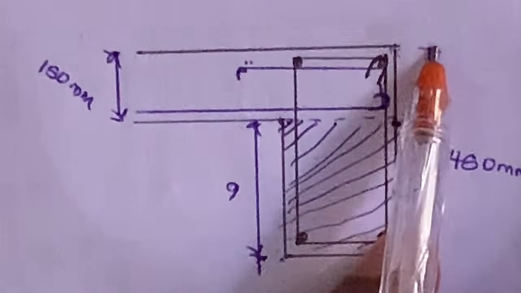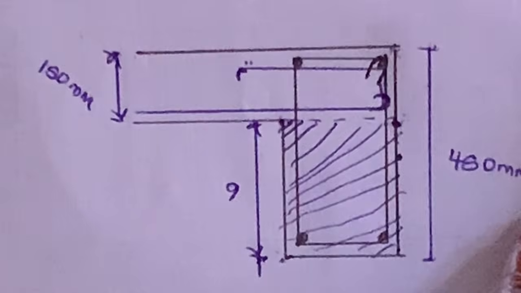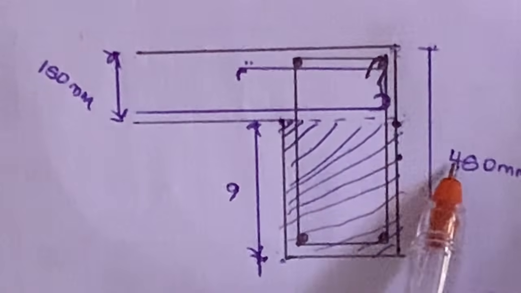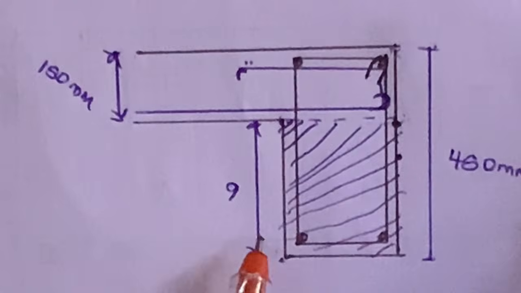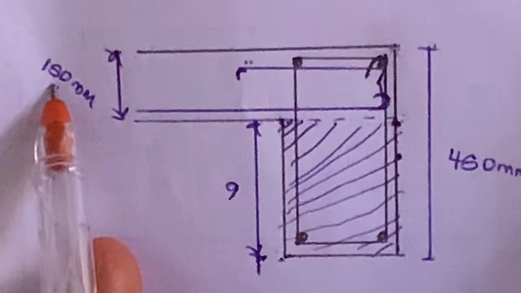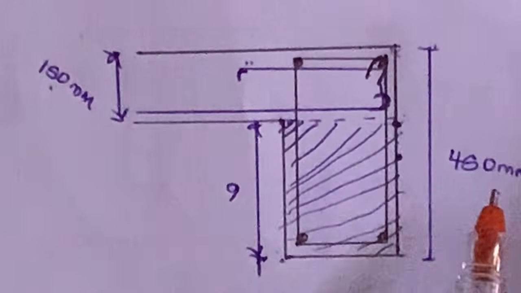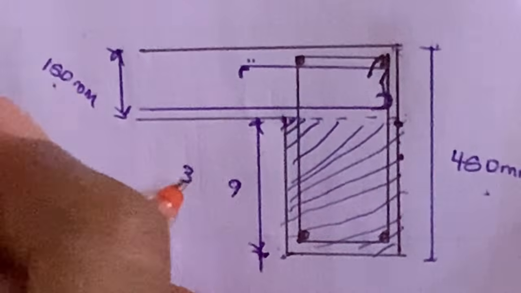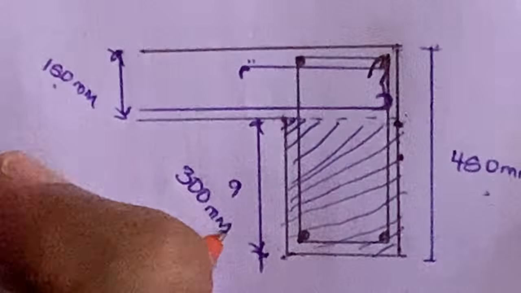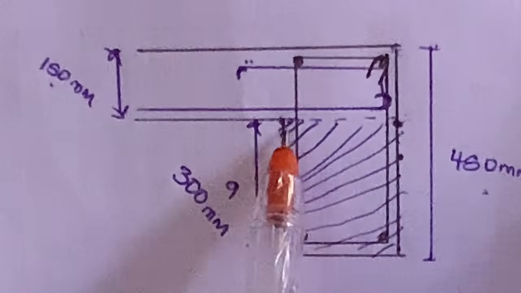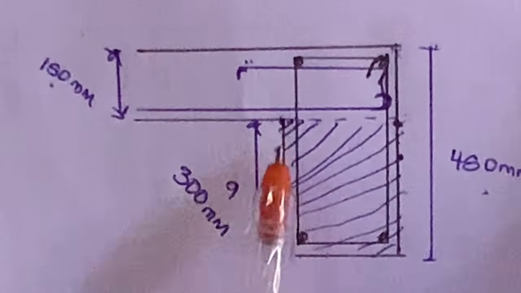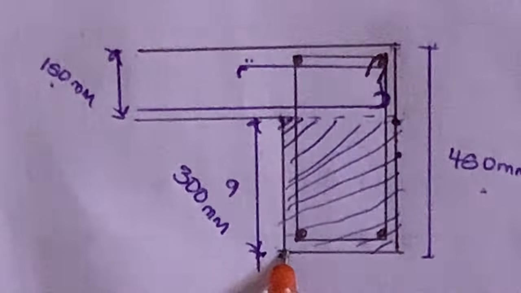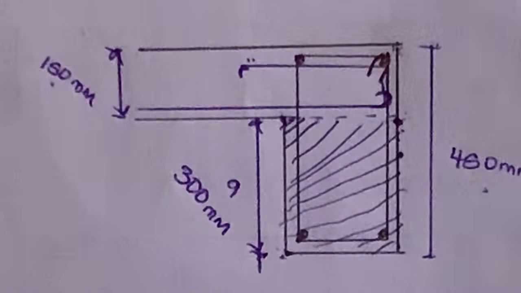Remember, from here to here is 450, meaning that this 150 mm is inside this 450. So how do we get A? We can get A by subtracting 150 mm, which is the thickness of the slab, from 450, and we're going to have 300 millimeters. So the height of this beam, from here to here, will be 300 millimeters. I hope that makes sense.